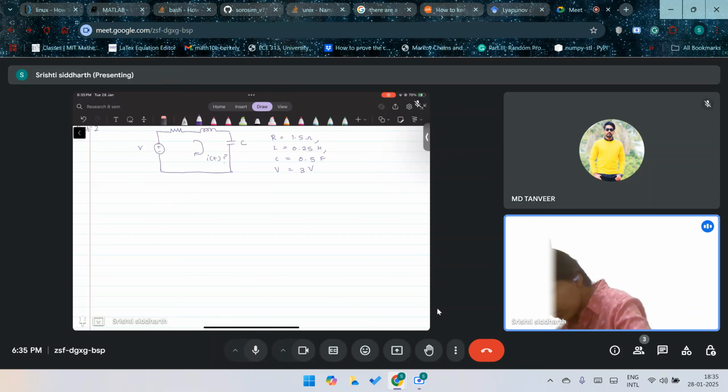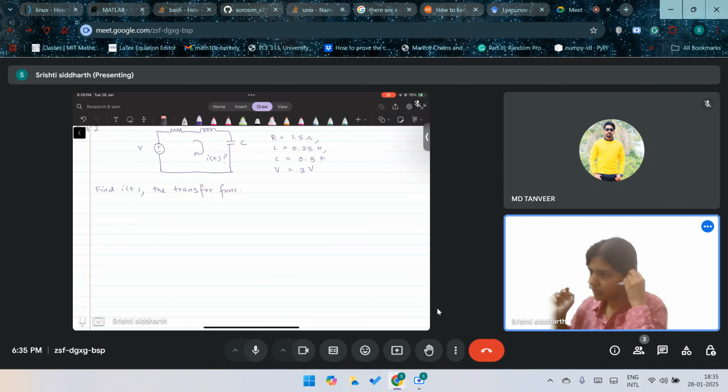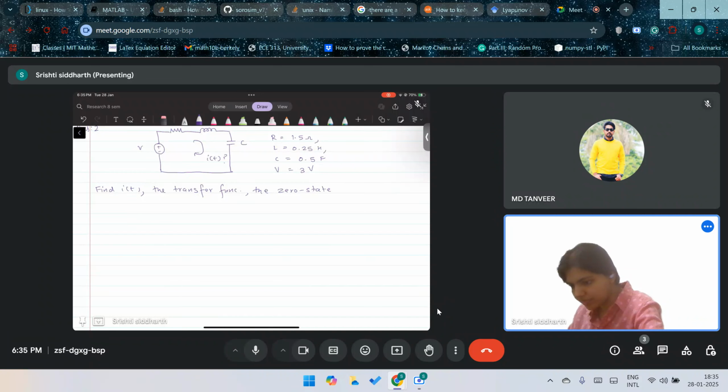So the question is to find the current, the transfer function of the system, then the zero state response, zero input response, and if we have these two, then the overall response.